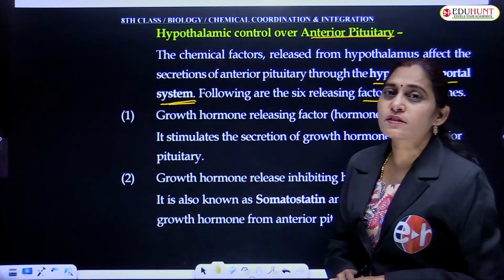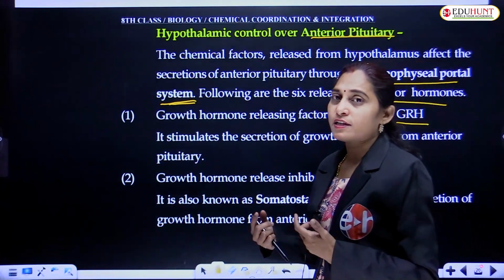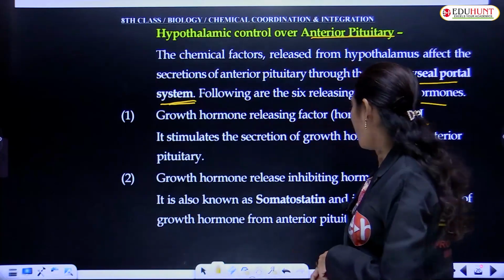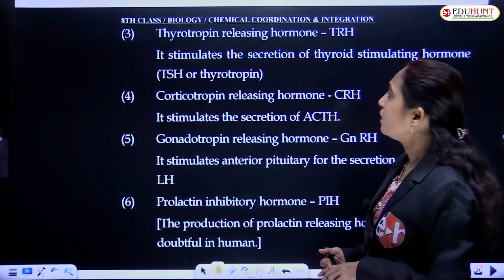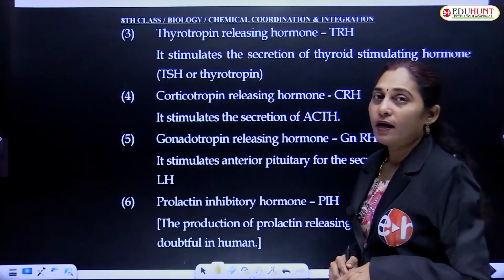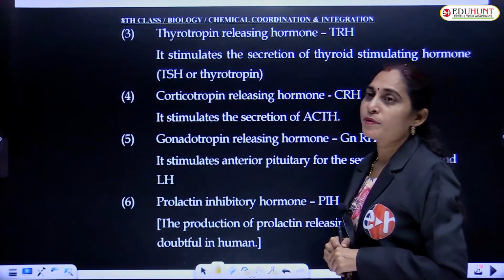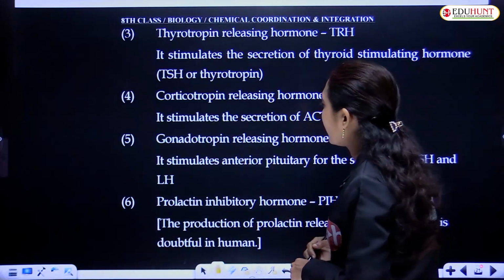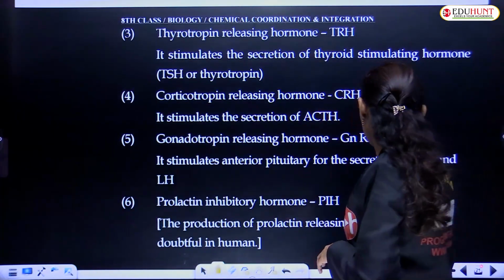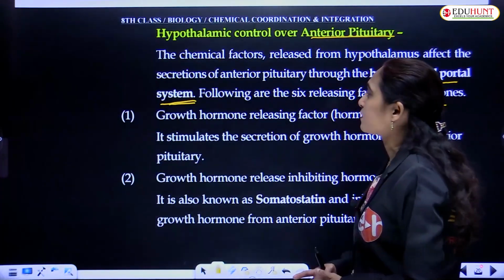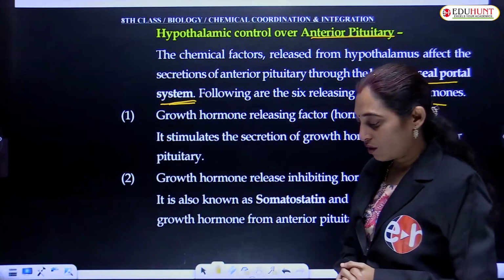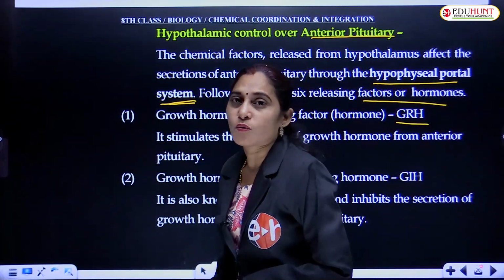There is a coordination between these two: promotion of release of growth hormone and inhibition of release of growth hormone. And thyrotropin releasing hormone. And the next one is corticotropin releasing hormone, and gonadotropin releasing hormone, and prolactin inhibitory factor. These are the 6 factors that have the control over 6 hormones.